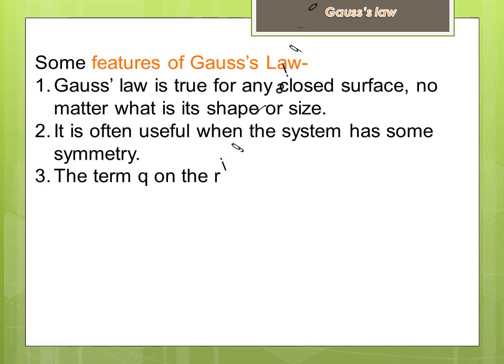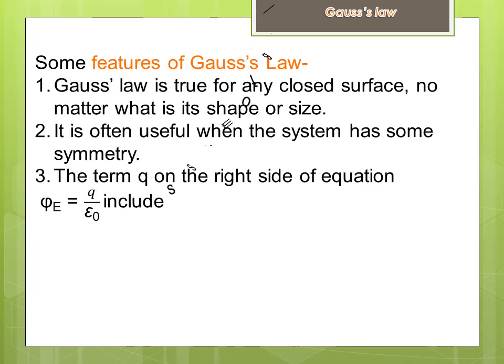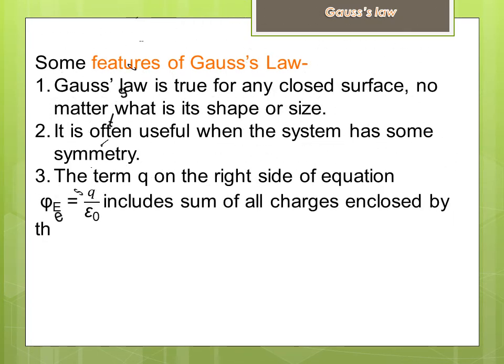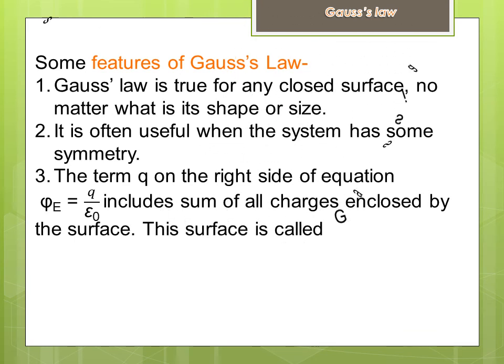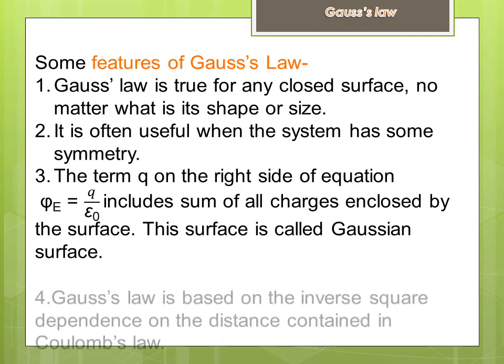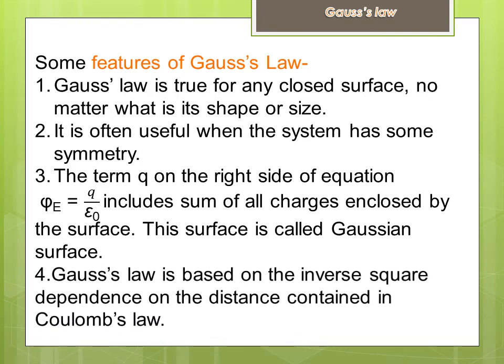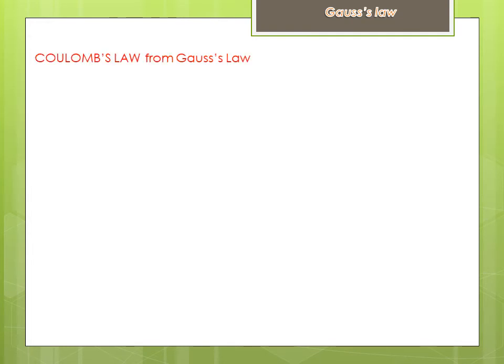And third, the Q on the right side of the equation, phi E equal to Q by epsilon naught, is the sum of all charges enclosed by that surface, and that surface is the Gaussian surface. It is based on the inverse square dependence on distance, as in Coulomb's law. So we can say any violation of Gauss law will indicate departure from the inverse square law.